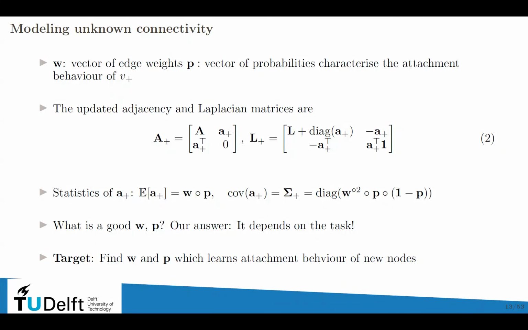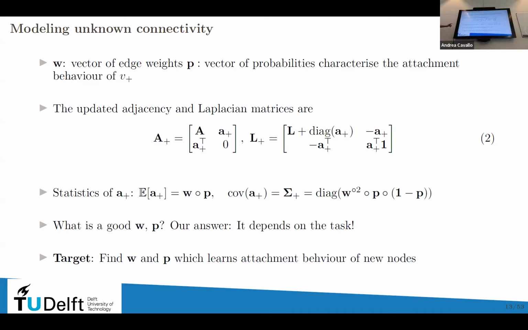And once you have your adjacency and Laplacian matrices, these are now shift operators, right? And once you have shift operators, you can plug them into a filter. So from now on, we'll be looking at how you can design filters, and how this affects learning with filters.